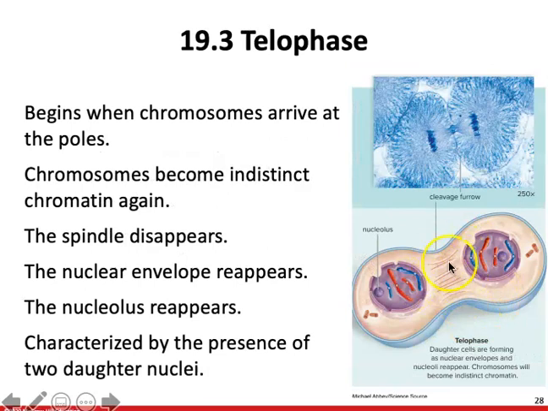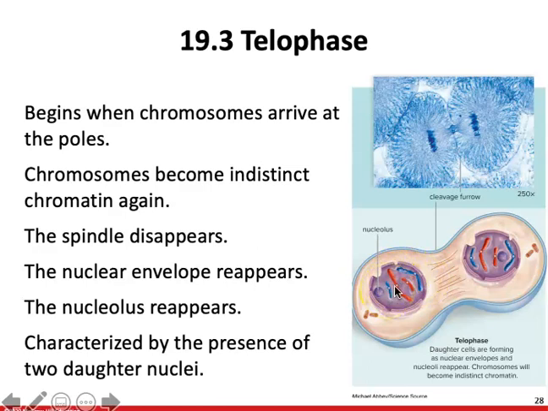Once we have separated those daughter chromosomes, we're going to begin the process of telophase. Telophase is going to be the start of forming a new nuclear membrane around that collection of chromosomes.